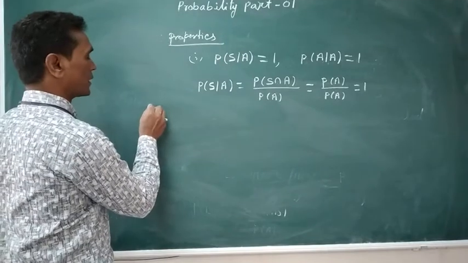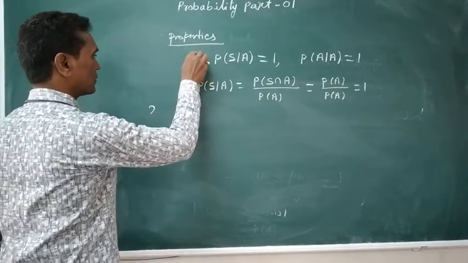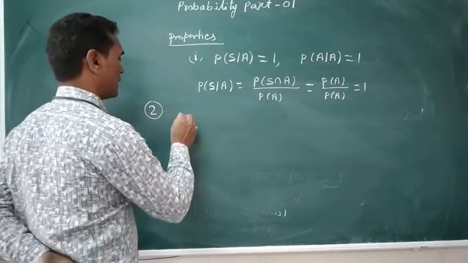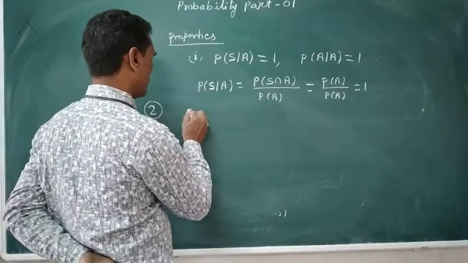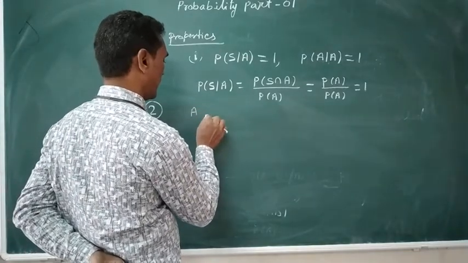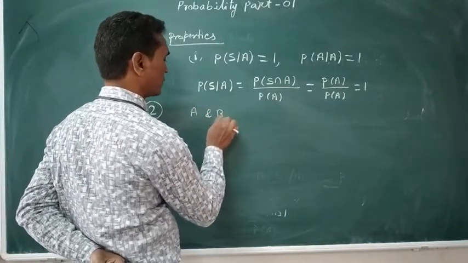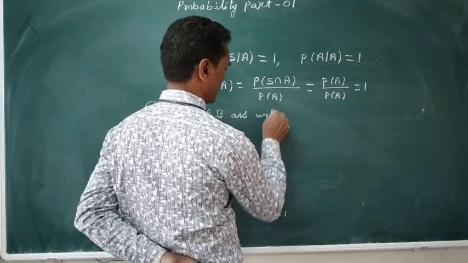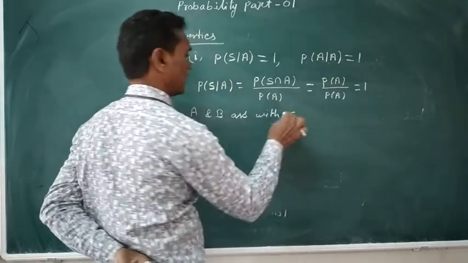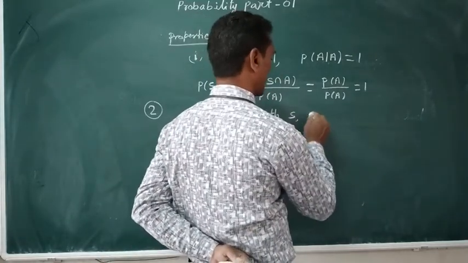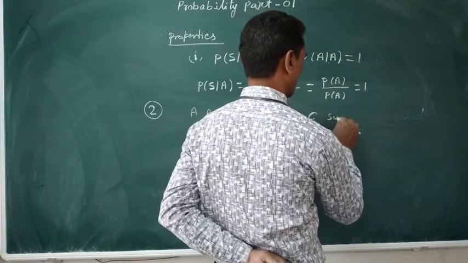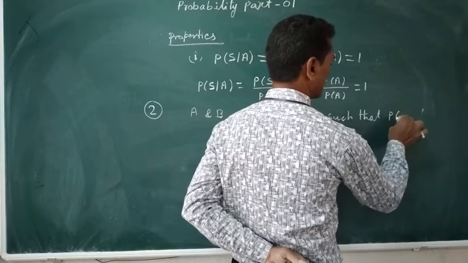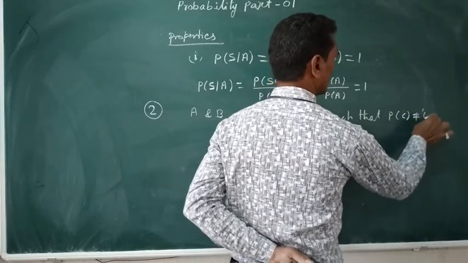Now, the second property. Let A and B be two events associated with sample space S, and C be another event such that probability of C is not equal to 0.